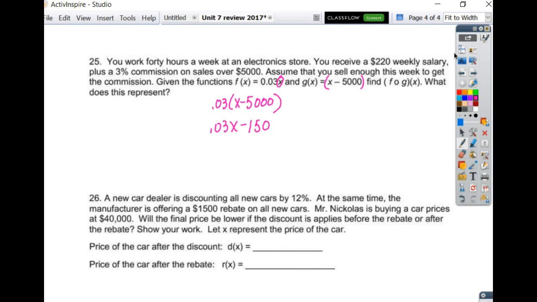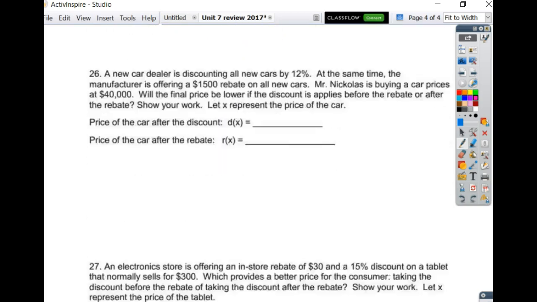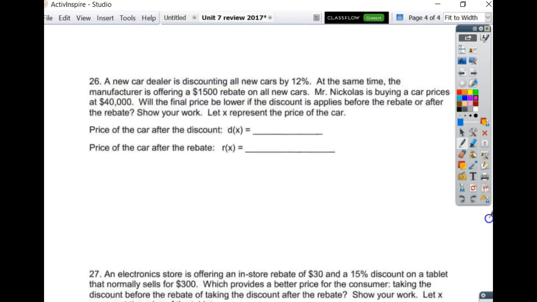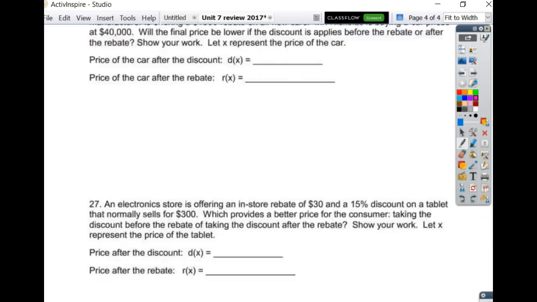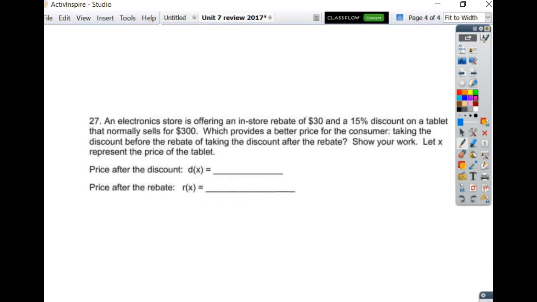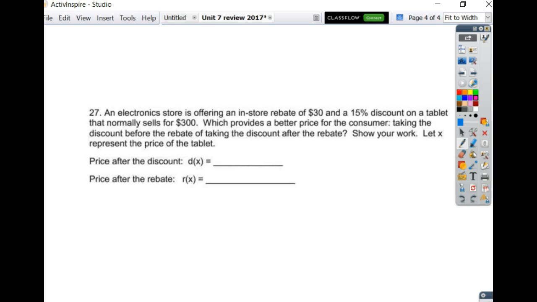Okay, so the last one though, listen, because this one is a little bit different. And I think the next, do you have two of them or one? Is it this one? Okay. Well, we'll do 27 together then, and then you can do 26 and see if you get it right. So this is going to look exactly like 26. Again, the words.